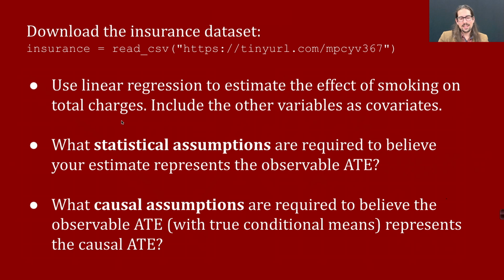So let's think about this example again, where we have the insurance data set. We've used linear regression to estimate the effect of smoking on total charges. Now we actually already talked about the causal assumptions, right? We need to assume that we've measured all of the relevant confounders. And clearly in this example, we didn't. Clearly there's stuff out there that is confounding the relationship between smoking and total insurance charges.